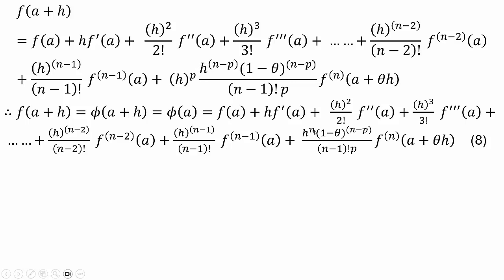P gets cancelled, that is h raised to n into 1 minus theta raised to n minus p divided by n minus 1 factorial into p into f^n a plus theta h. Equation number 8 we obtain, where theta lies between 0 and 1.